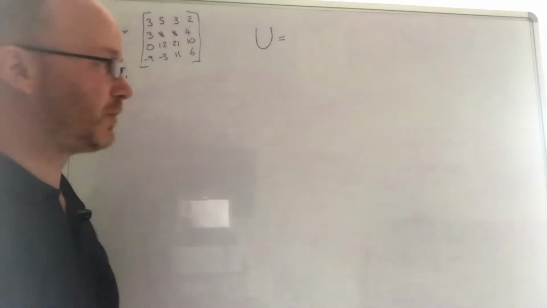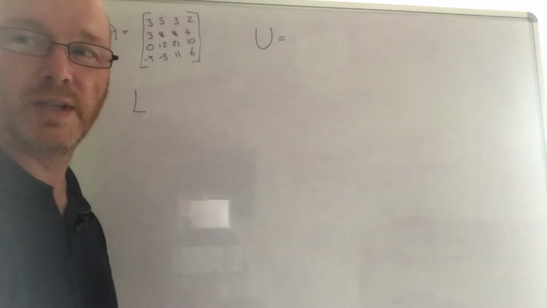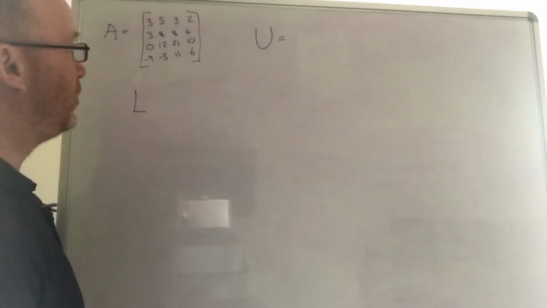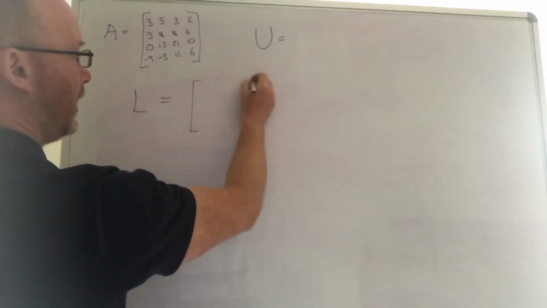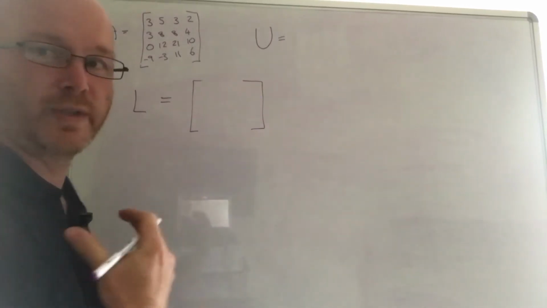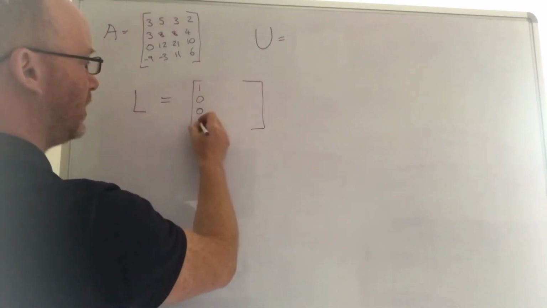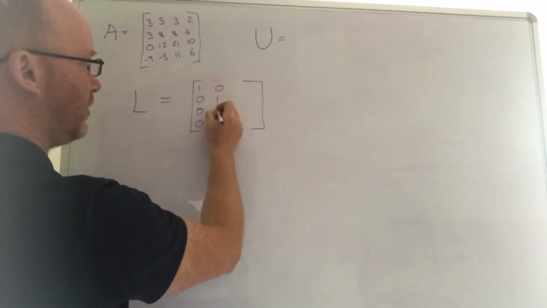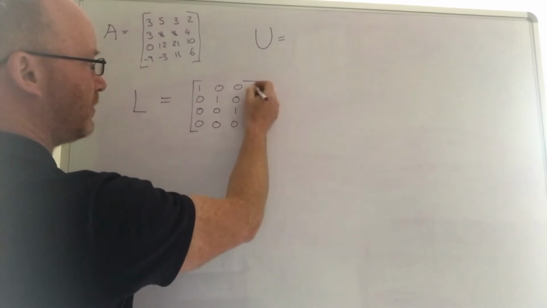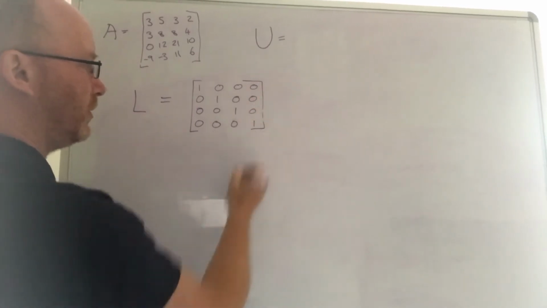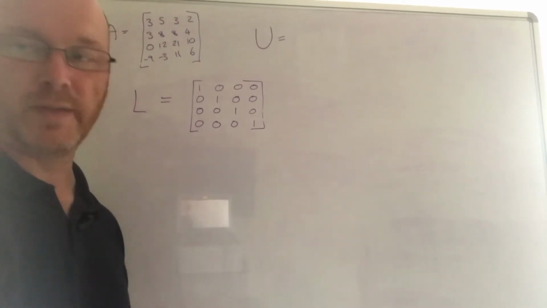Okay, so what we're going to do is create our lower matrix, and the lower matrices are going to be a record of the steps we use in Gaussian elimination. So if we go here, first we're going to use elementary matrices, and those are based on the identity matrix. If you're not sure what an identity matrix is, it is the same as multiplying a number by 1. If you've got the number 8, you multiply it by 1, you will have the same number.